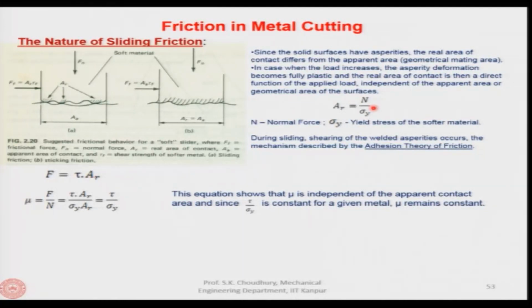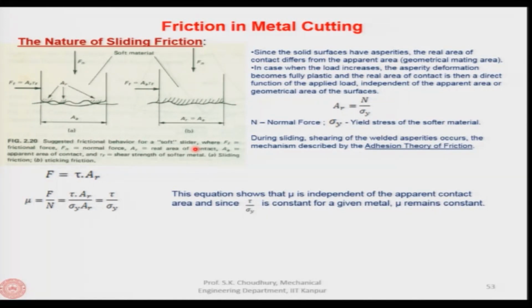So, here we have the normal force equal to A r into sigma y, and the friction force equal to tau into A r. In both cases we are considering the real area of contact.